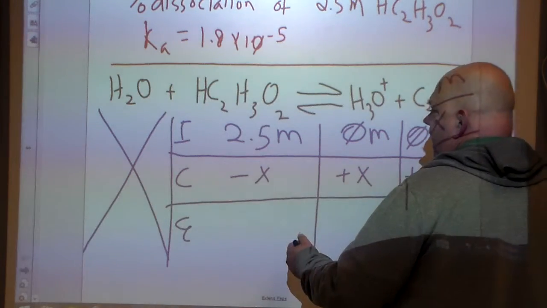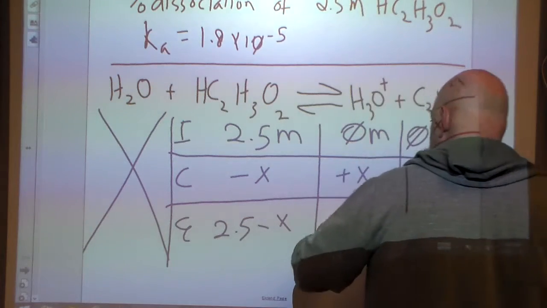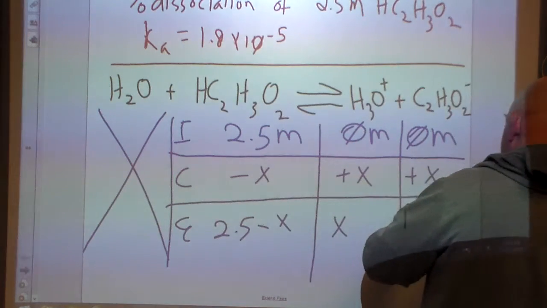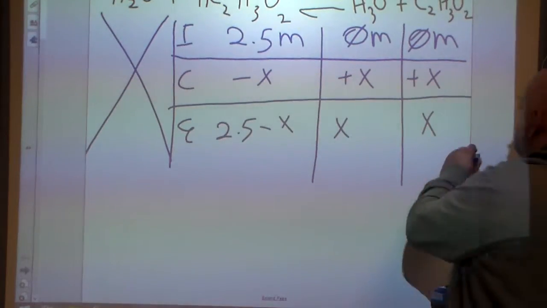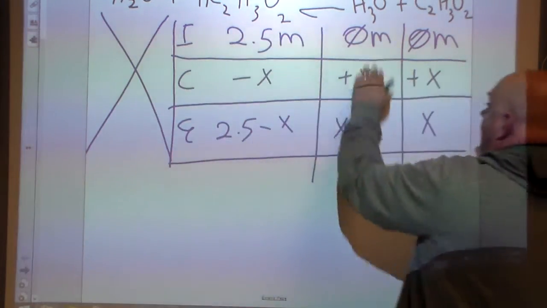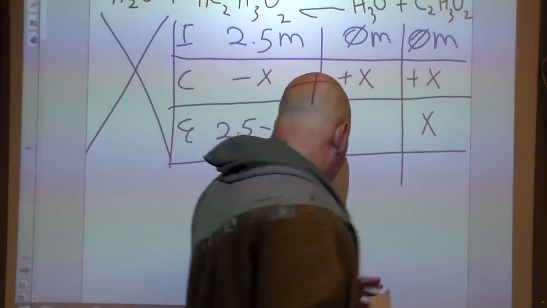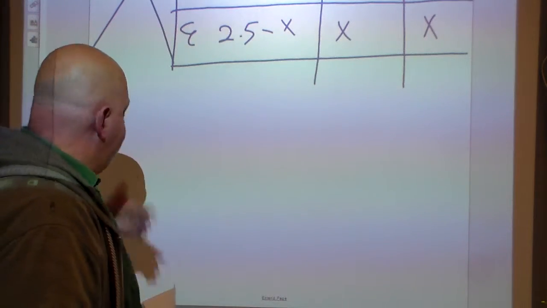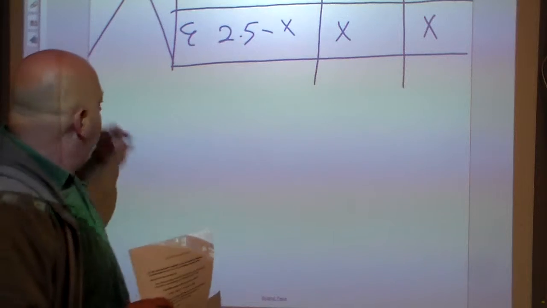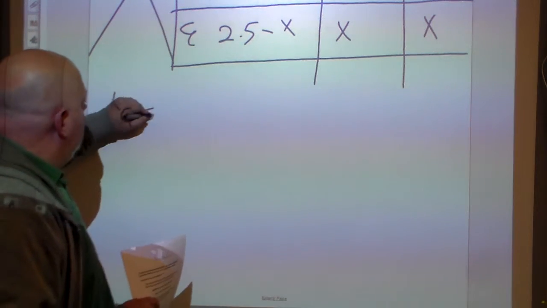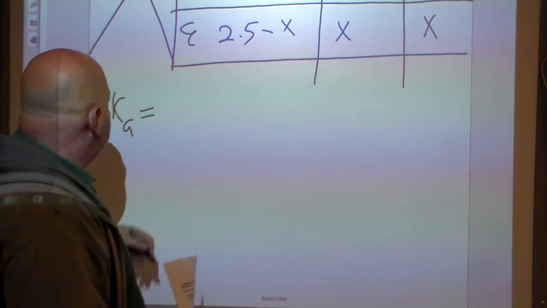So here we have 2.5 minus x, and here is x and x. Those represent our equilibrium concentrations. Since we're assuming x is small, we can go ahead with our acid dissociation constant.